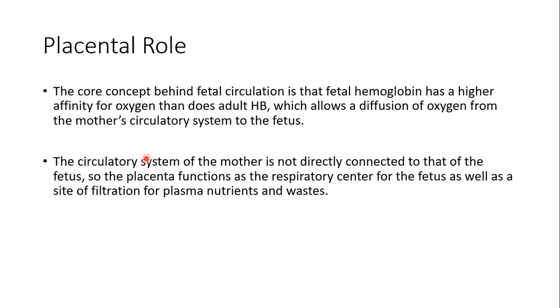Because the fetal hemoglobin has a better affinity than the adult hemoglobin, it acquires oxygen preferentially from the maternal side. The circulatory system of the mother is not directly connected to that of the fetus. So the placenta functions as the respiratory center for the fetus, as well as a site of filtration for plasma nutrients and waste.